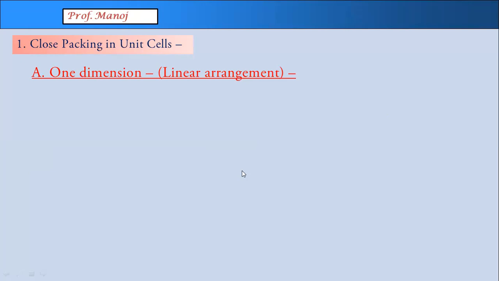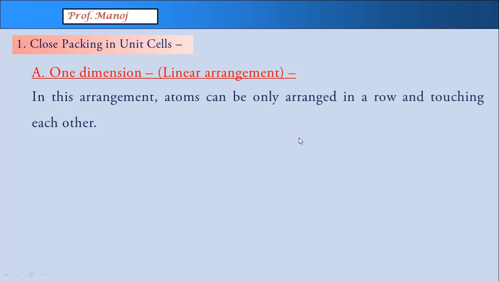That means if I take a crystal of aluminium, all will be aluminium atoms only, all of the same spherical dimension. In the next lecture, the second part, we will look at how different atoms, like aluminium along with oxygen, or sodium along with chlorine, where atomic radii differ, are arranged. That is part number 2 of the topic. Today we only consider a very ideal situation where all the atoms are of equal size.